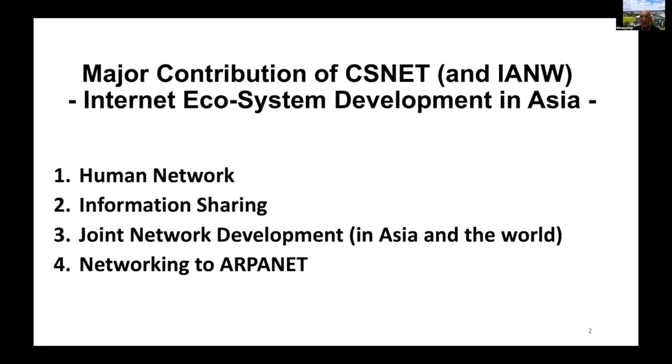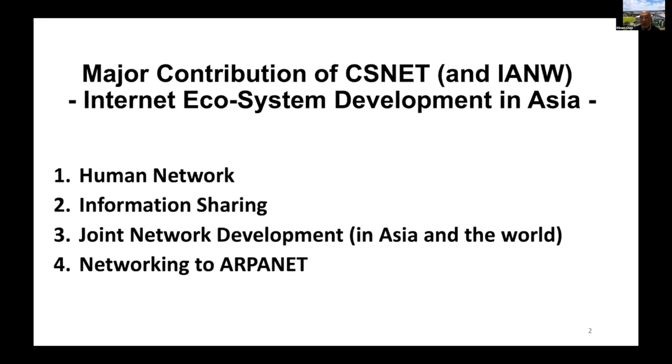That's the way to connect to the ARPANET, not just in terms of email and file transfer, but also the human network and information sharing. And eventually, of course, the whole thing came to the NSFNet development, which I'm going to comment on later again.